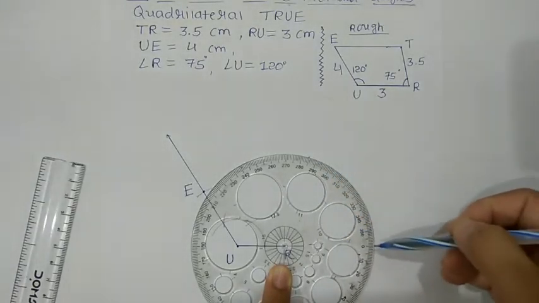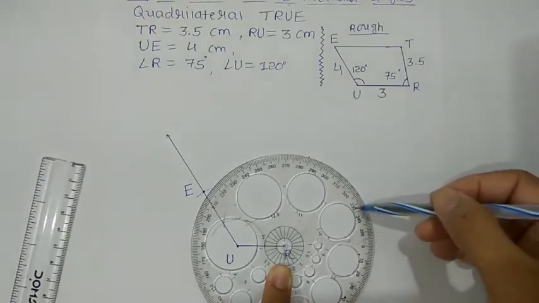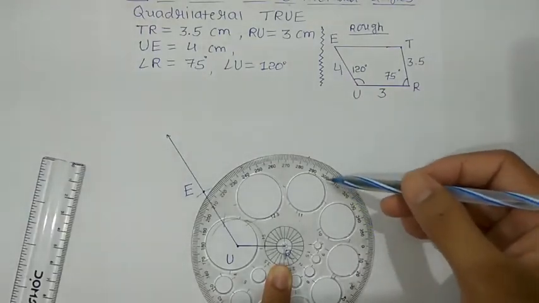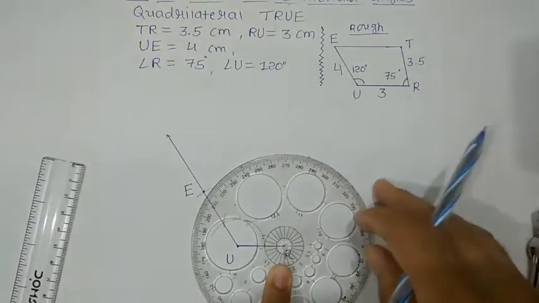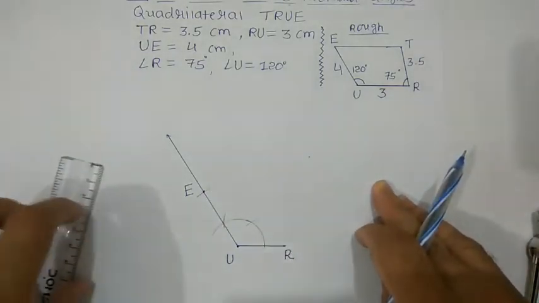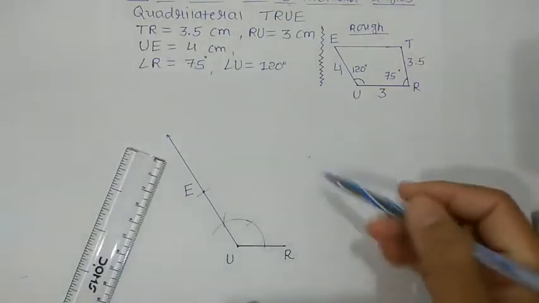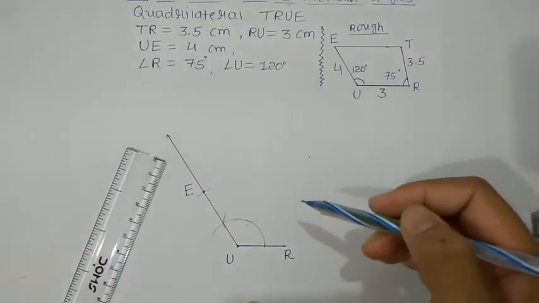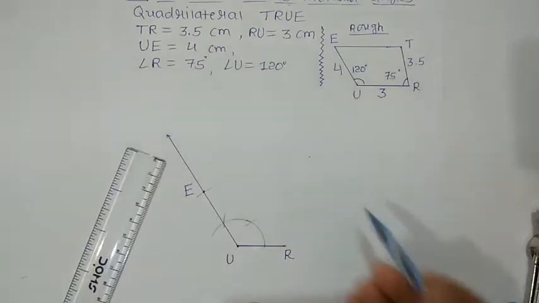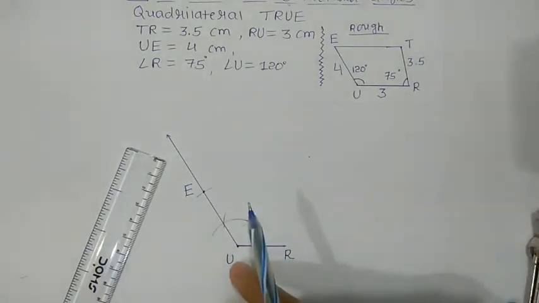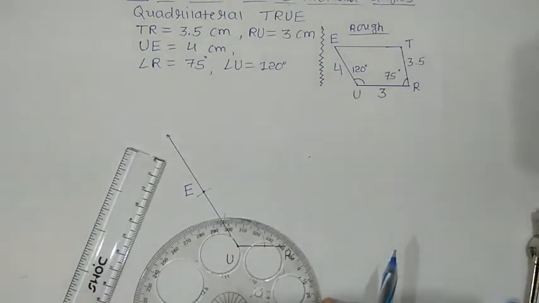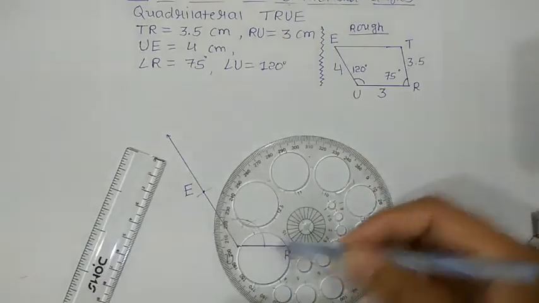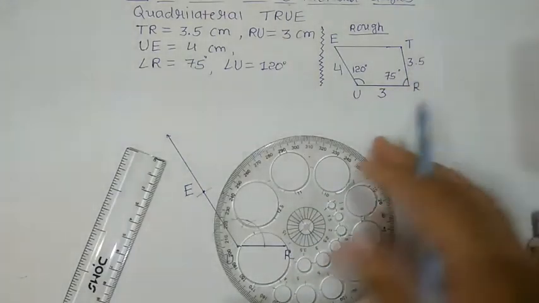Okay, let us count one more time. 10, 20, 30, 40, 50, 60, 70 and 75, right? So when we join these 2 points, whatever angle we get is 75, but this angle is from outside. We want to make an angle from the inside. Okay, so don't make this mistake.